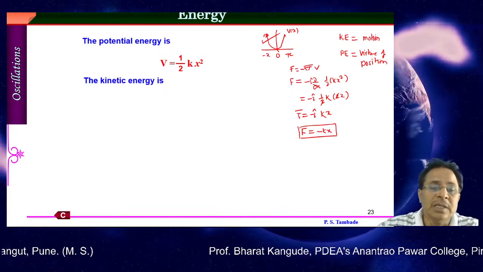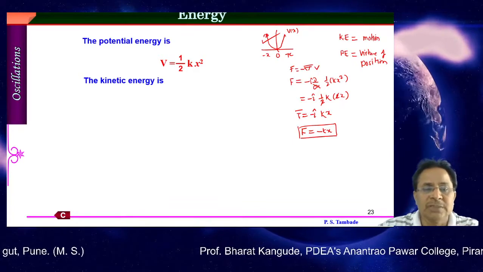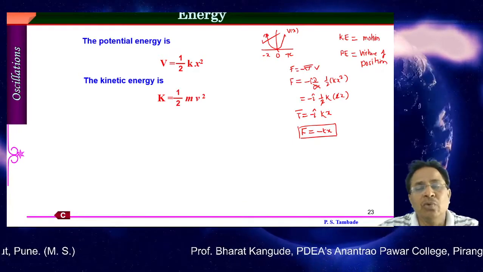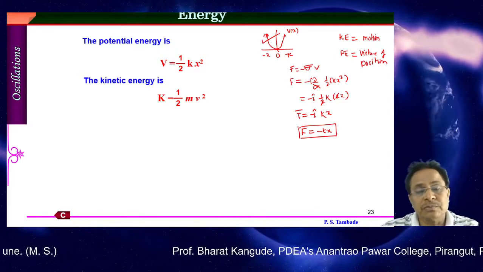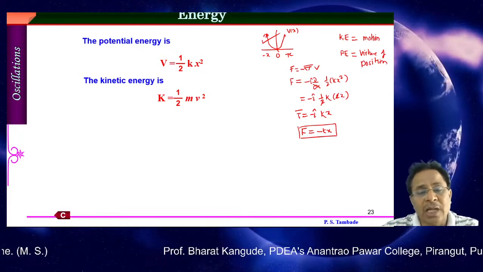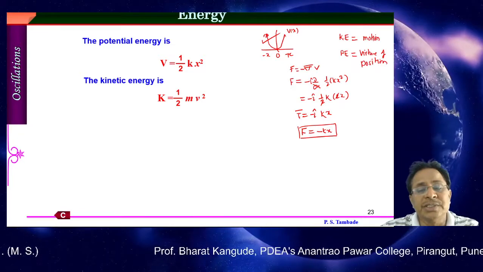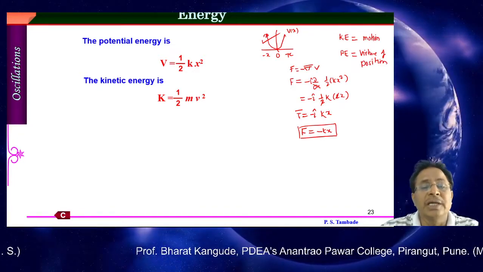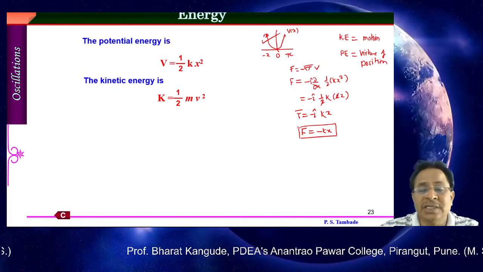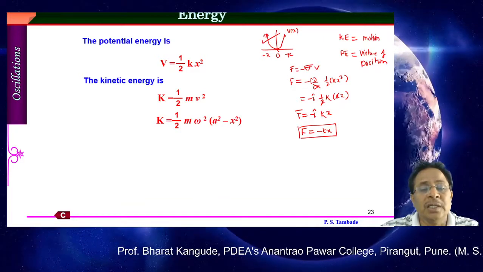Then because of the motion, for any moving system, its kinetic energy is given classically by 1/2 mass into velocity square. So 1/2 m v square is the expression for the kinetic energy of any physical system in motion.